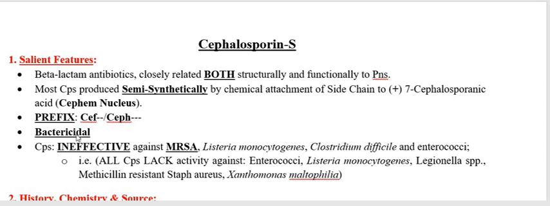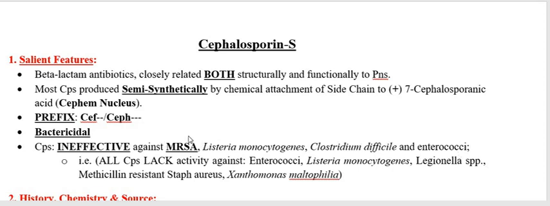Another salient feature is that, as I earlier mentioned, beta-lactams are bactericidal, so cephalosporins are also bactericidal. This drug is ineffective against some bacteria: Listeria monocytogenes, Clostridium difficile, and Enterococci.